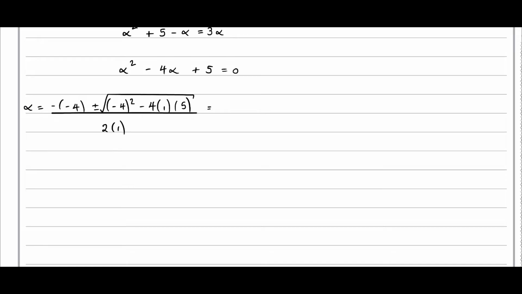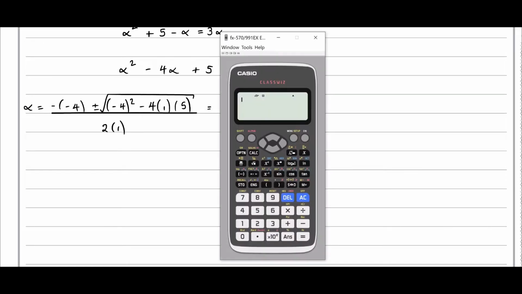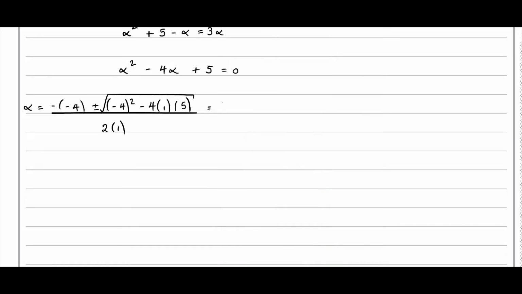And if we work this out, let's just grab our calculator. So press menu and then go to the equation section. We have a polynomial of degree 2 with coefficients 1, minus 4, and 5. We end up with alpha equaling 2 plus i and 2 minus i. So we have 2 plus or minus i.